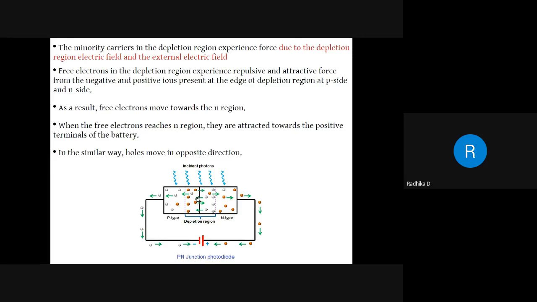So these new pairs of electrons and holes, because of your applied supply, will go to the respective terminals. When they go towards the respective terminals, that means there is a flow of electrons and holes. So here, this is a reverse bias. These orange ones are the electrons.